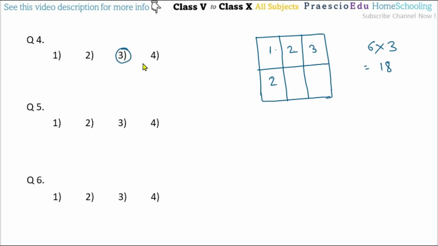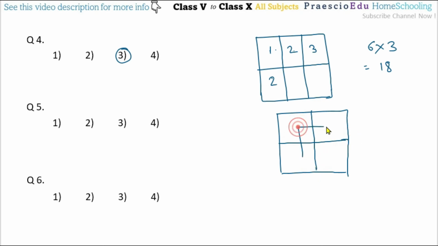Then question number 5, how many squares are present in the given figure? The figure is something exactly like a square, and here also equal quadrilaterals, so all are squares. Then inside also one square is there. These are the squares: 1, 2, 3 and 4, so 4.